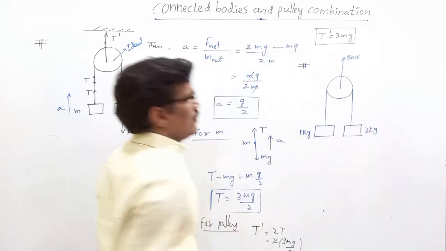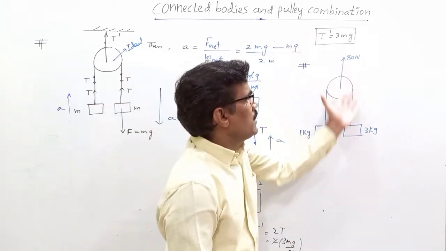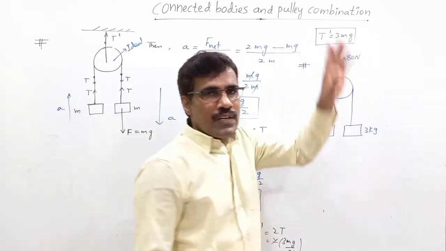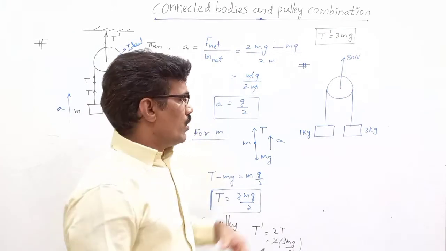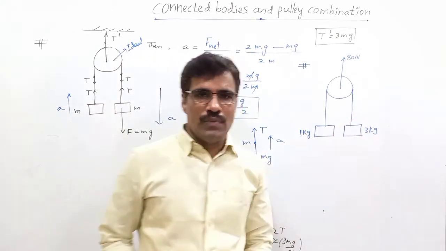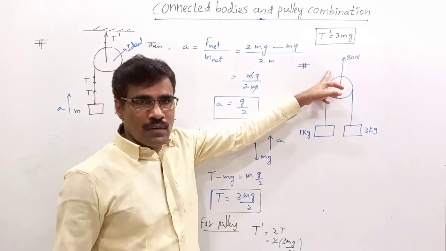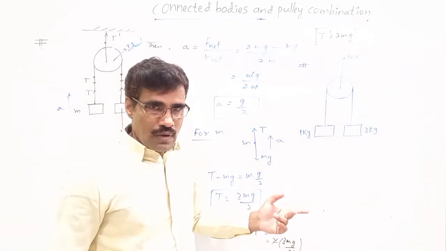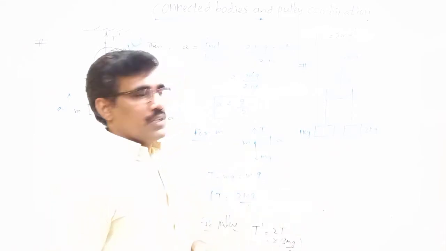The pulley is pulled by a force of 80 Newton vertically upward. What is the acceleration of the 1 kg and the 3 kg block? Is the pulley at rest or moving? We have to check it.